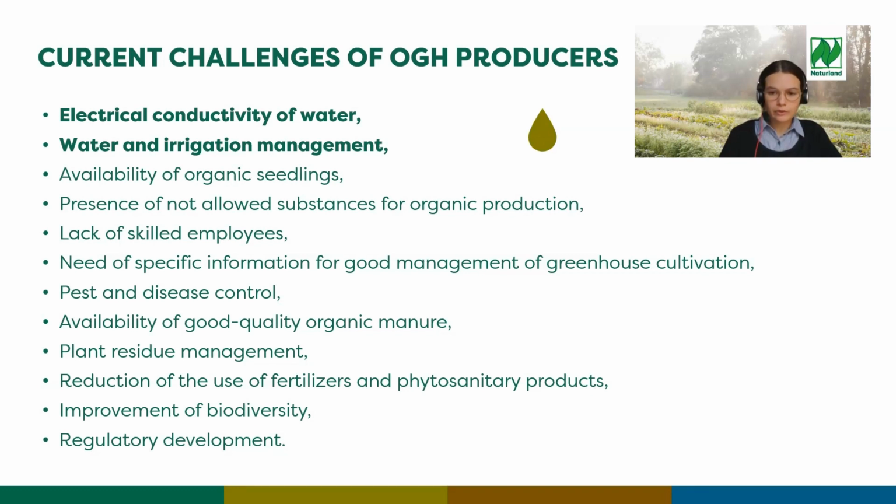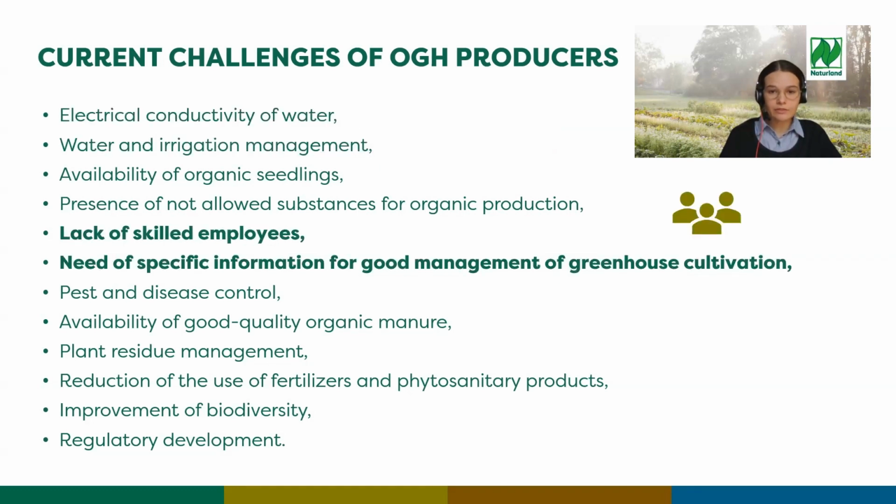But in the following, I want to mention and to highlight some points. First, regarding the water management, the 2 points of the electrical conductivity of the water and the irrigation management were mentioned and are regularly observed by the external experts as a challenge.